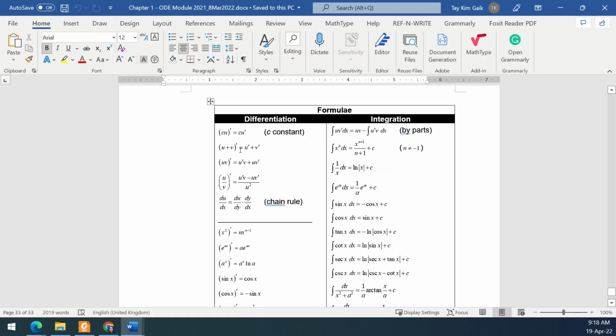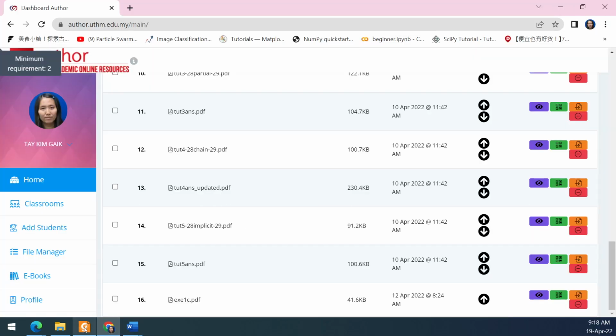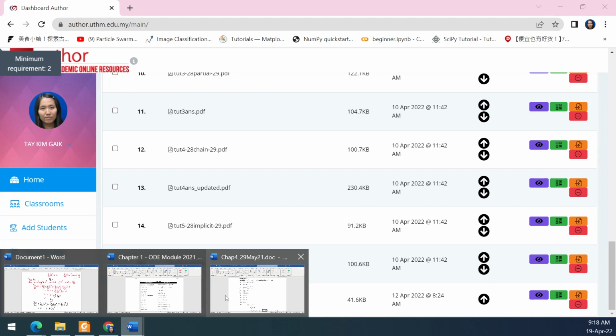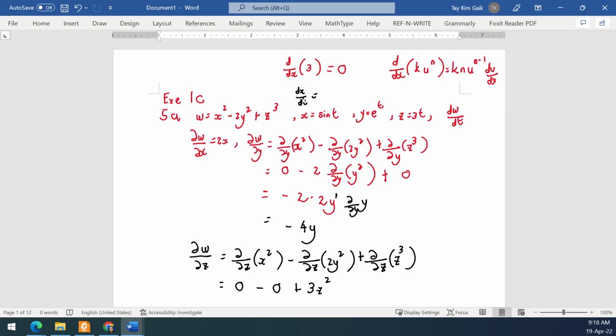Differentiate sin get cos, doctor. Yes, this is sin 1t, that's why you get positive cos t. And then dy dt, exponent 1t only, that's why it's simple. Differentiate exponent, get back exponent t.